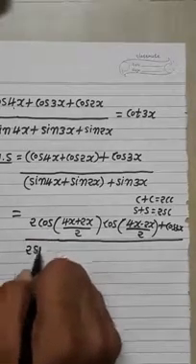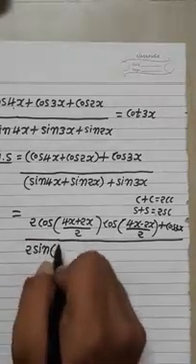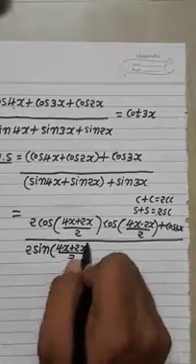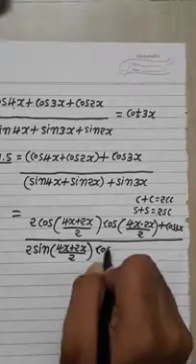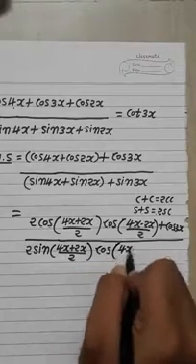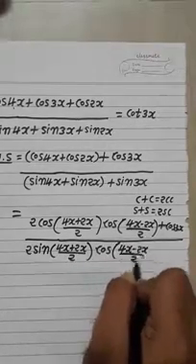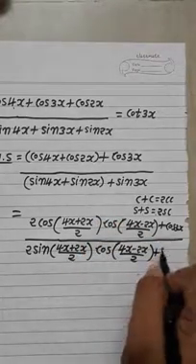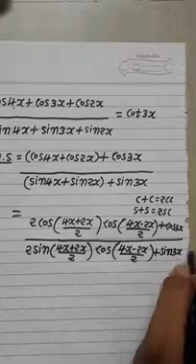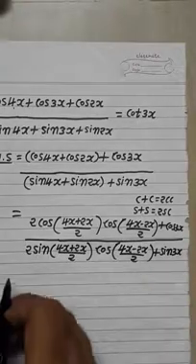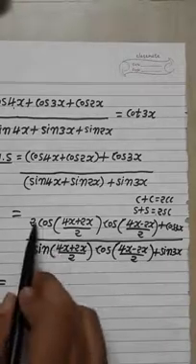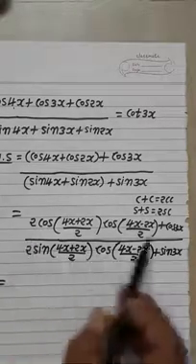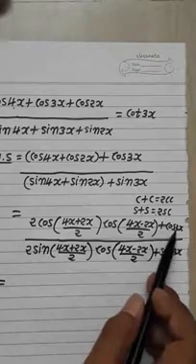So 2 times sin((4x plus 2x) divided by 2) into cos((4x minus 2x) divided by 2) plus the last term, again we can write as it is, so sin 3x. Now simplify this. Here 2 and here 2 is present, but we cannot cancel out these terms because here a plus with the last term is present.